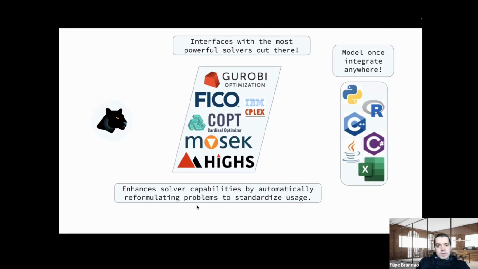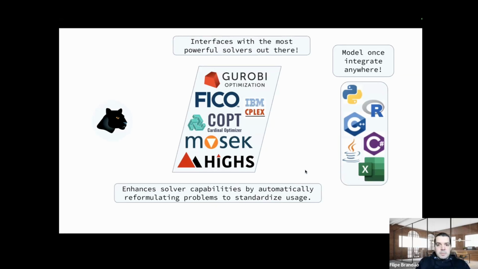But if it is possible to reformulate them in a way that solvers are going to support, we do that automatically for you. We are going to also show you during these sessions some modeling tricks that you can use, things that you can just express and that will work no matter what the solver is capable of. So you have your model, you can use any solver, and then you can integrate it with any kind of application or work standalone, for instance, directly with Excel.